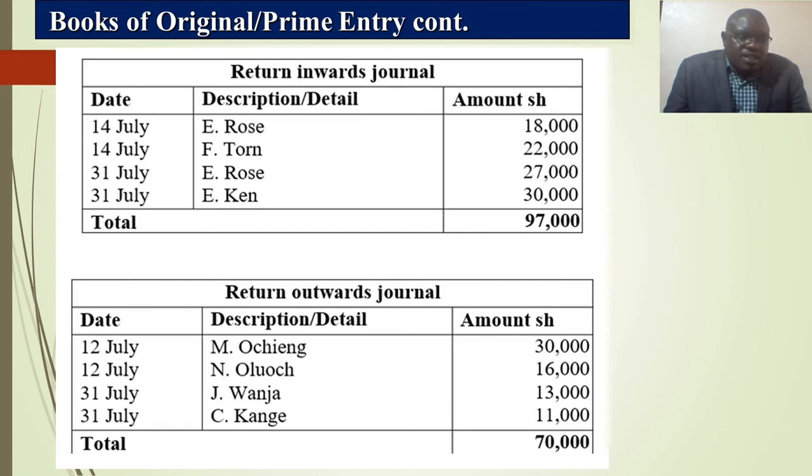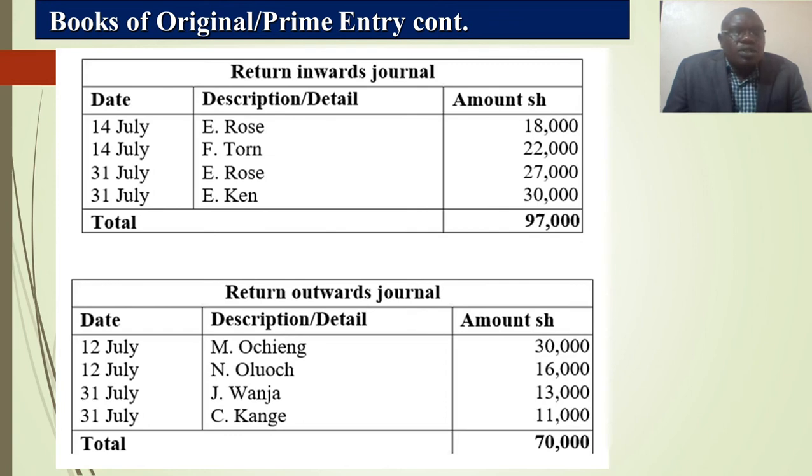Now the last book of original entry which we prepare here is the return outwards journal or purchase returns journal. So we returned goods on 2 different days. On July 12th, we returned goods to 2 clients. That is Emo Cheng. We returned goods amounting to 30,000 Kenya shillings.